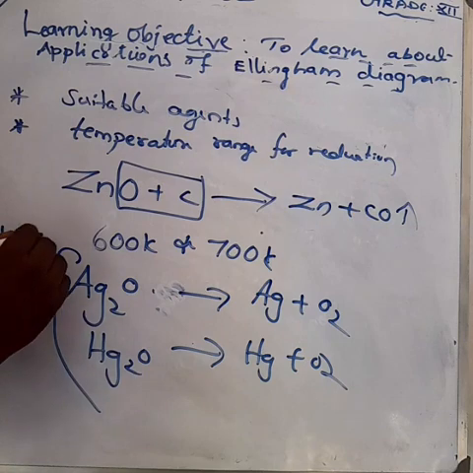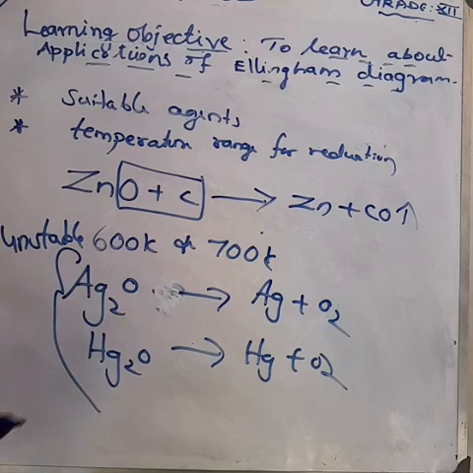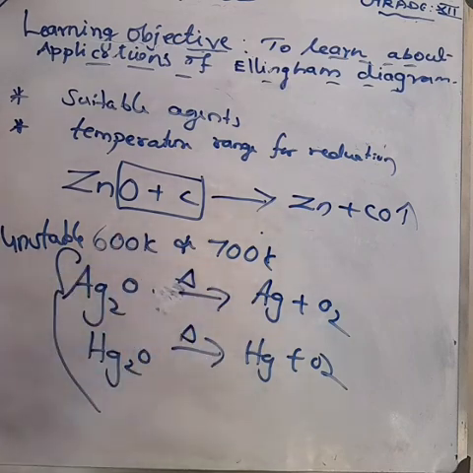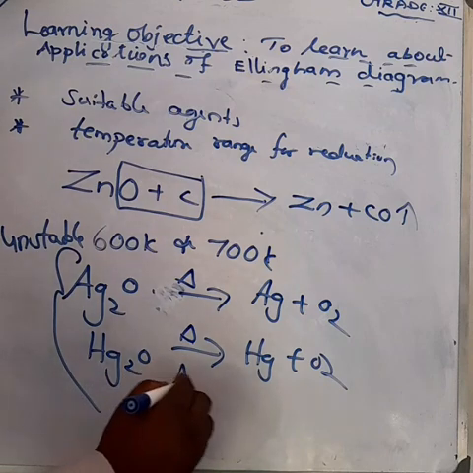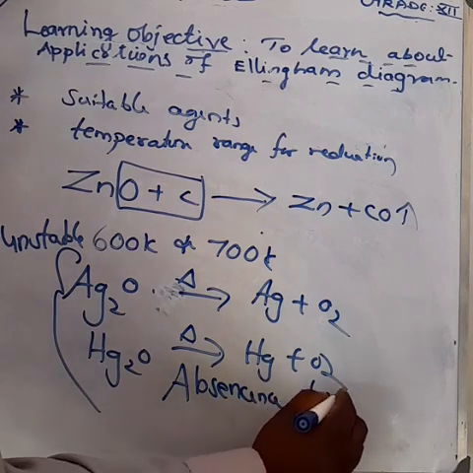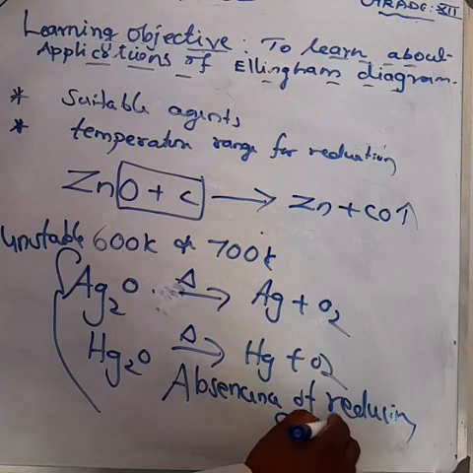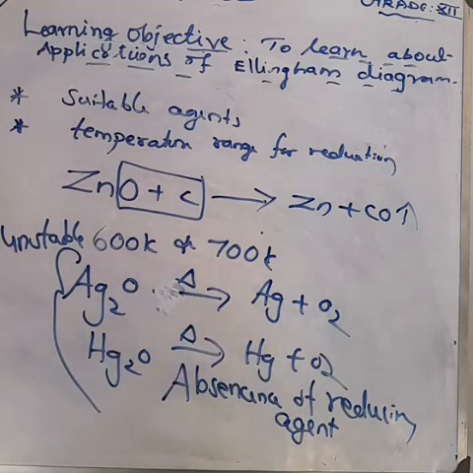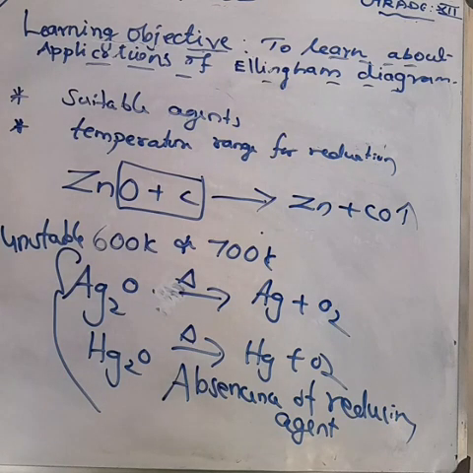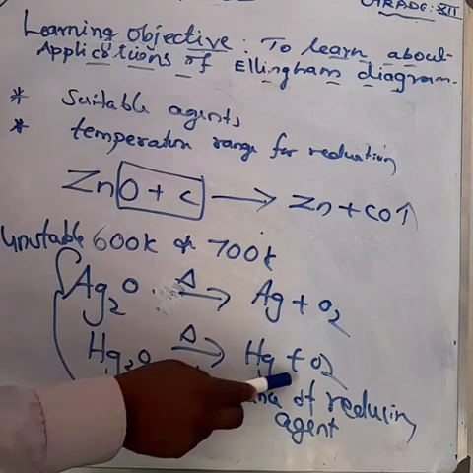They are unstable compounds, so they decompose on heating even in the absence of a reducing agent. For this reaction, there is no need of a reducing agent. Without a reducing agent, silver oxide and mercury oxide undergo decomposition.